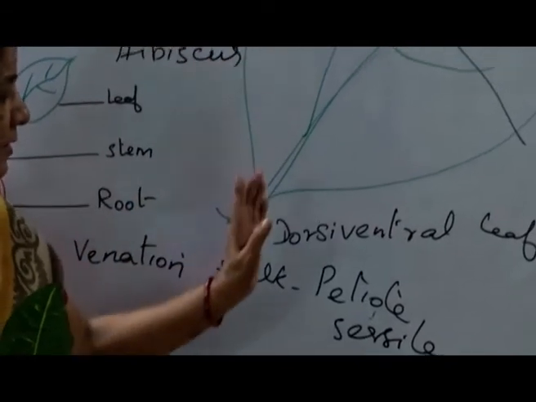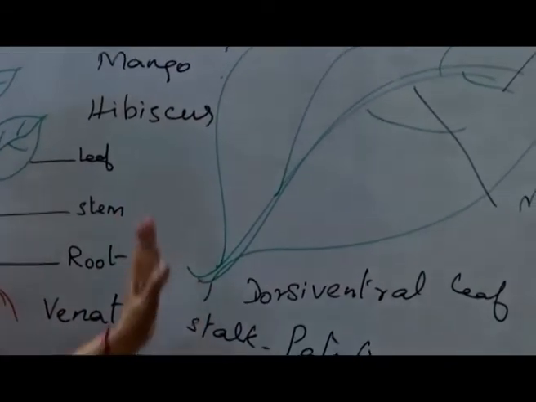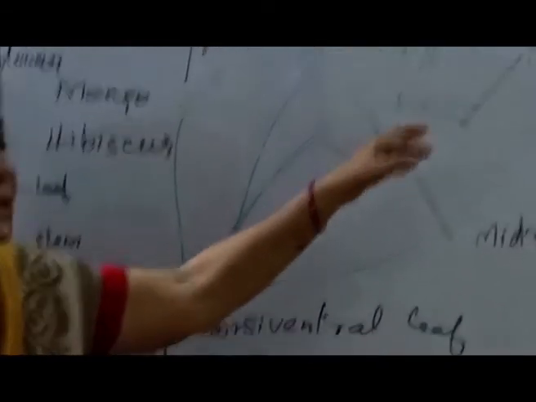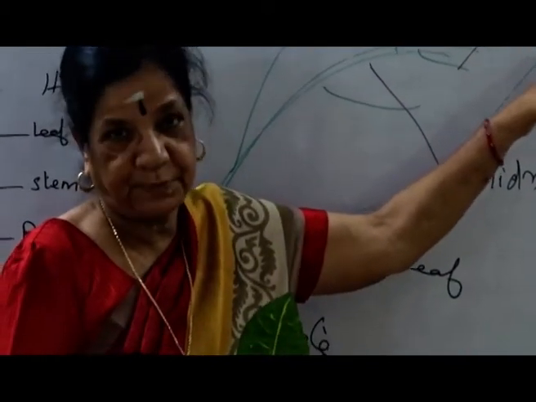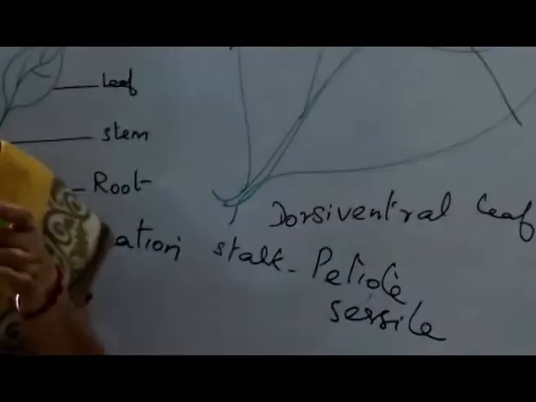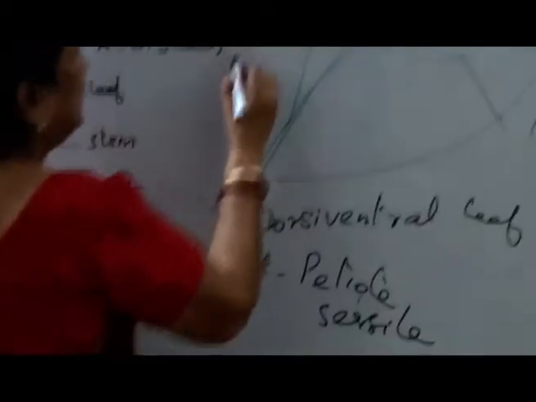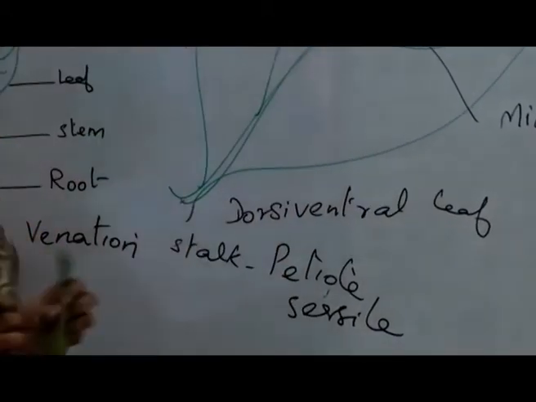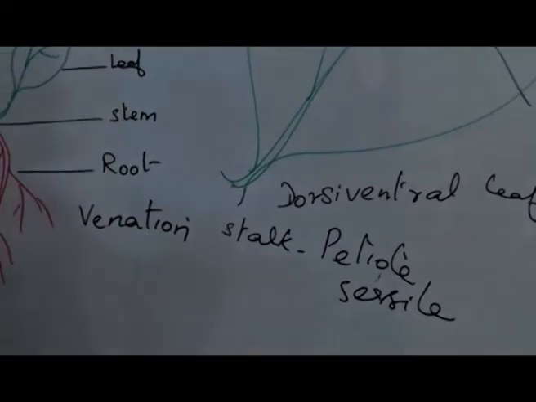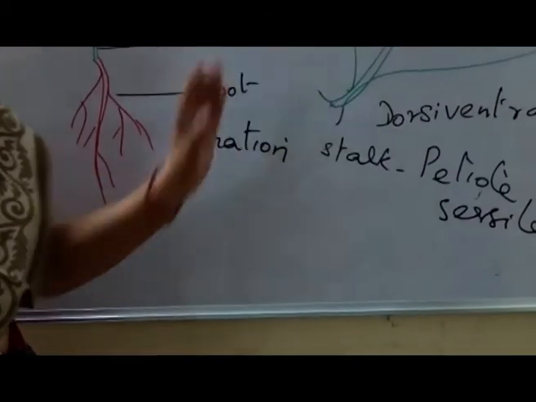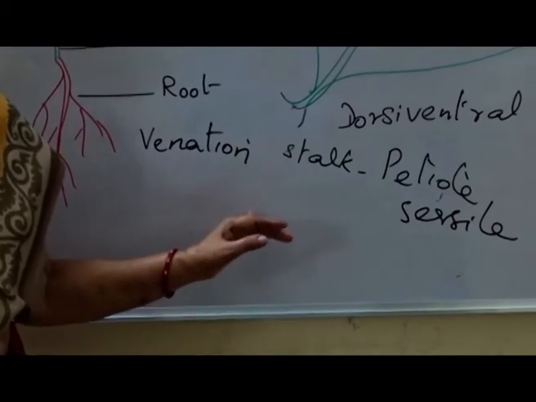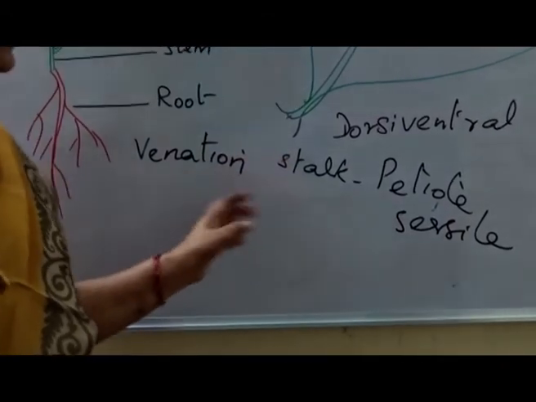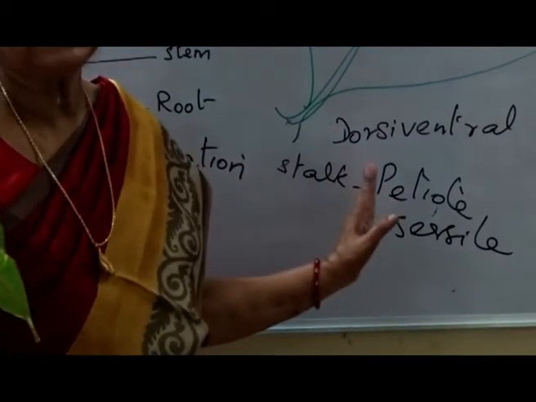Now the first petiole, then leaf margin, it ends in leaf apex. Now the flat portion of the leaf is called leaf lamina. This lamina is provided with numerous lateral veins. Arrangement of veins on the leaf is called venation.